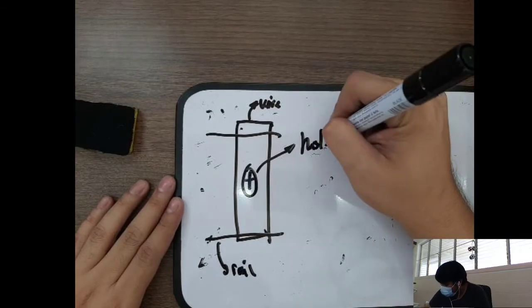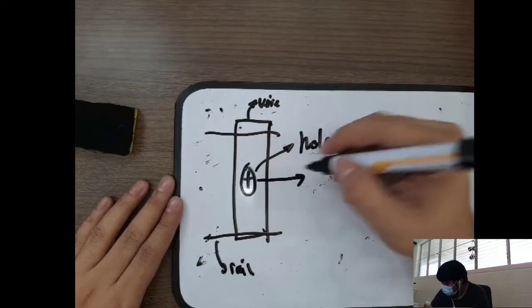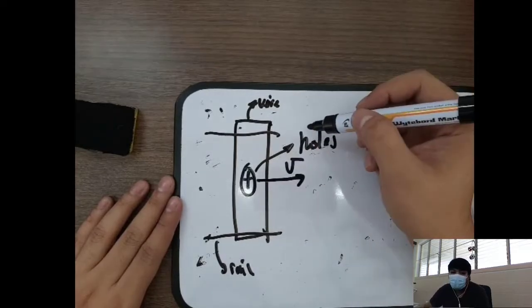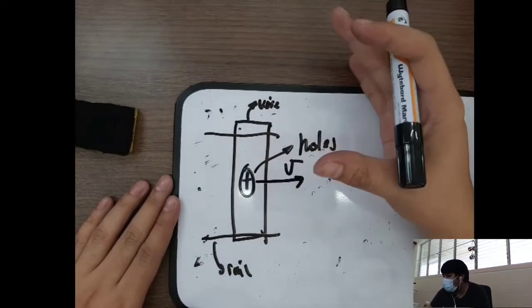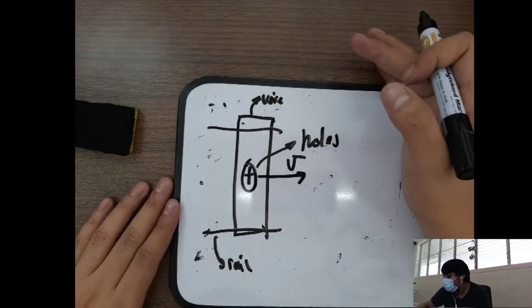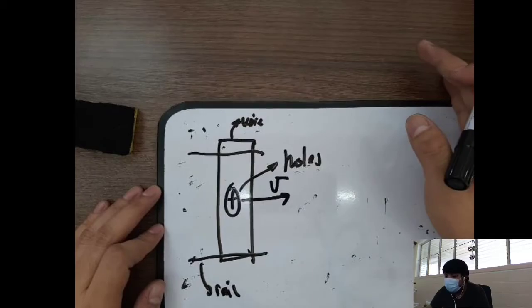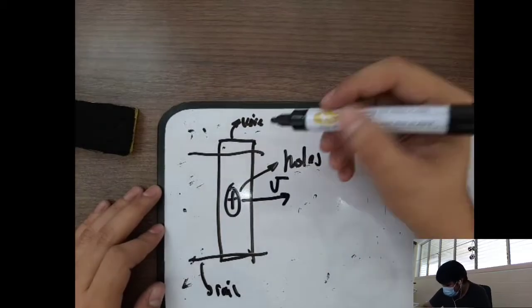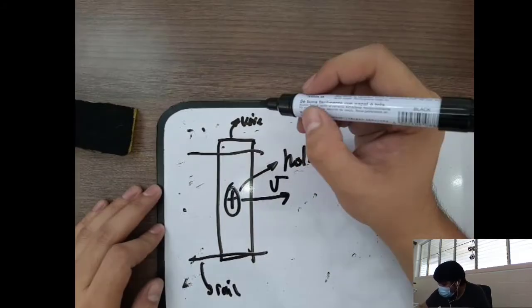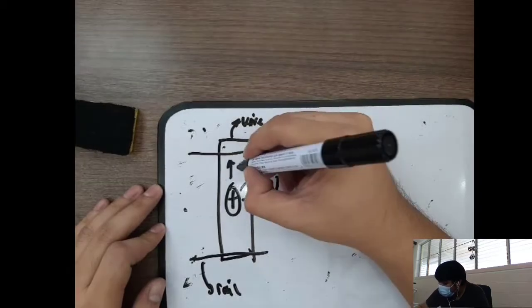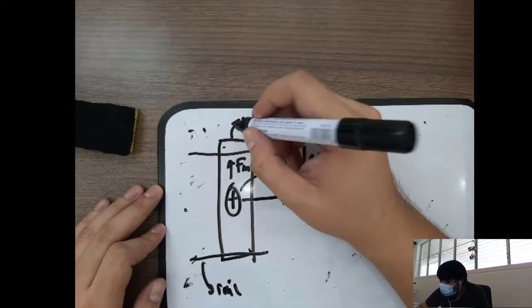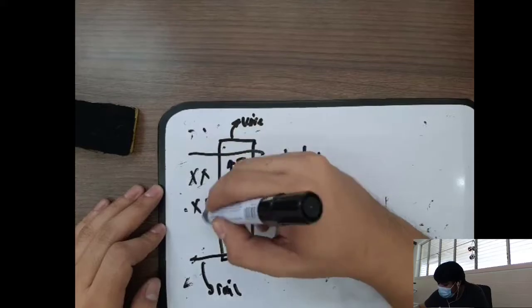So what happens is when you move the wire at a certain velocity, the charge carriers, or the holes, or the vacant valence orbitals of the conducting material, will also move, and will experience a magnetic force going up. Remember that we have a magnetic field here.